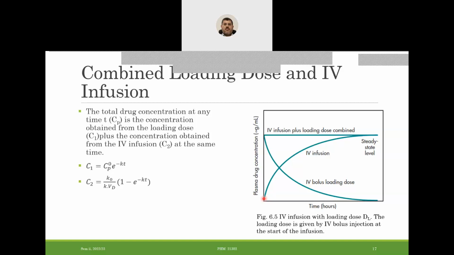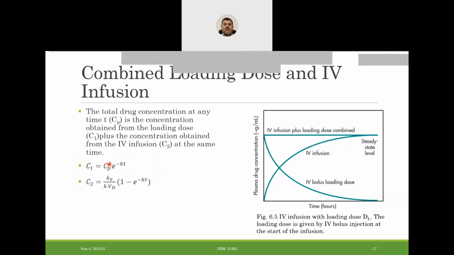We are talking about one compartment model drugs. The infusion you start causes an increase in concentration. This is the equation of the infusion, and this is the equation of the IV bolus loading dose.